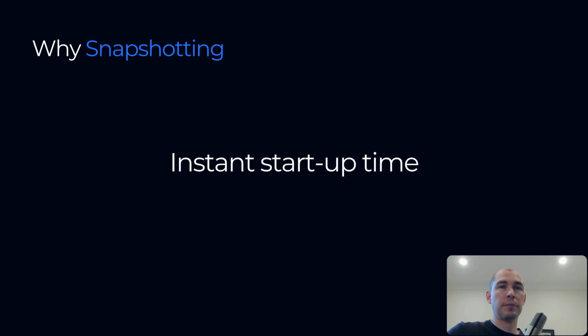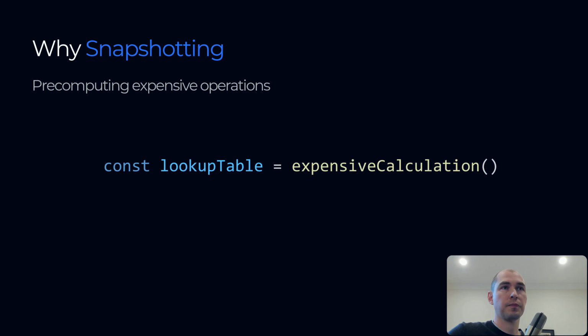Restoring a snapshot at runtime can take just a fraction of a millisecond. Related to the quick startup time is that if you have any lookup tables that are expensive to compute, you can easily pre-compute them at compile time to improve runtime performance. Microvium runs a garbage collection cycle before taking the snapshot, and any compile-time code that is no longer reachable will be collected at this time and not contribute to the size of the snapshot image.